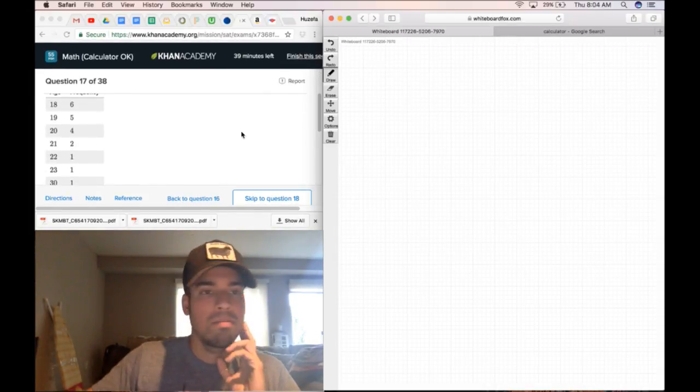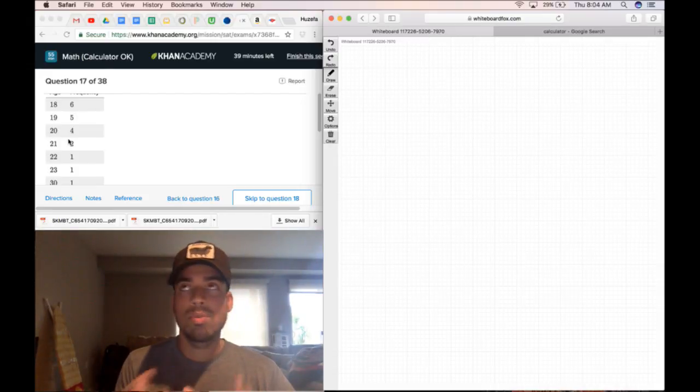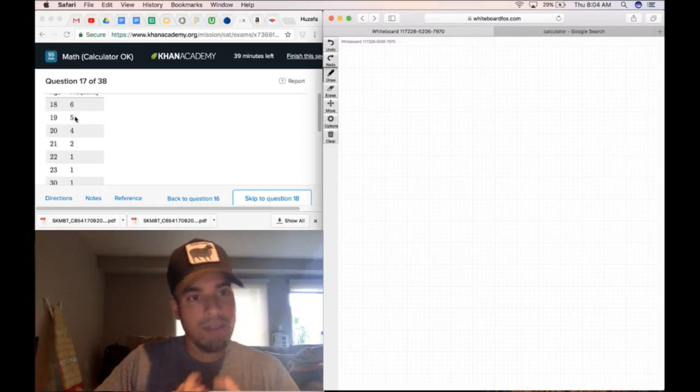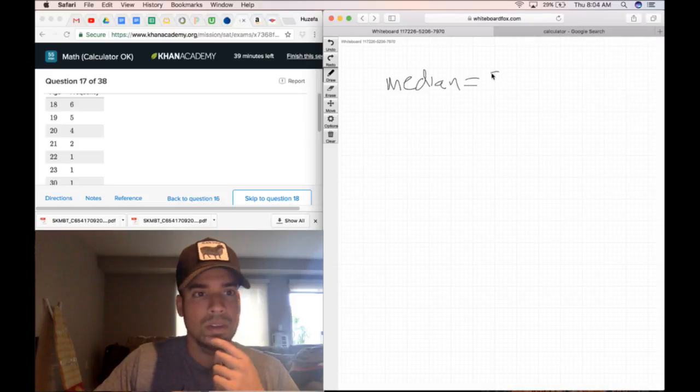So we can figure out where the median is. The median's gonna be 19, because you can see that the halfway point's actually between 10 and 11. So you have to take the 10th and the 11th value, average them, and I can already tell the median is gonna be 5. The mode is clearly 6, because that's the most frequent one.